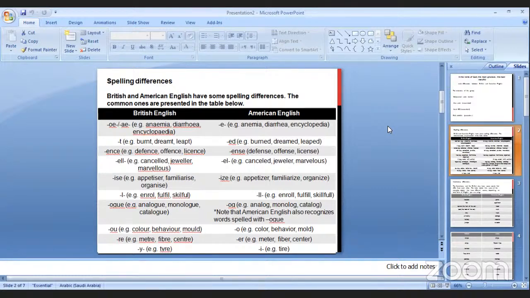Marvelous, yes. British English: ISE. Appetizer. Yes, Amal, go ahead. Appetizer.